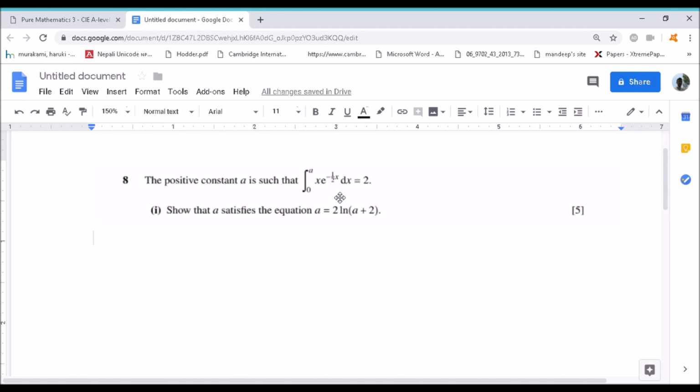So you have to use e^(-1/2 x) as dv/dx, and use x as u. Let's jump into this.